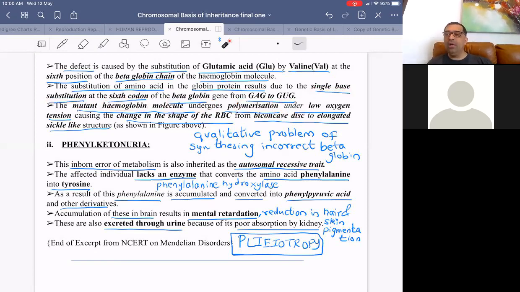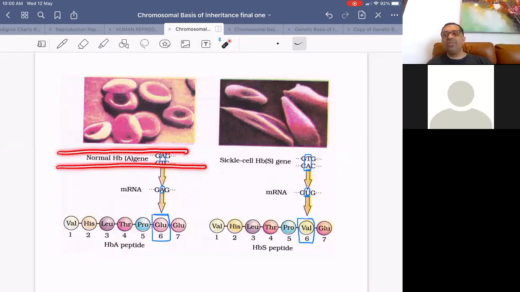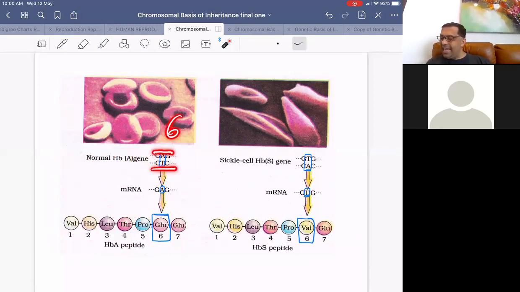So inside the beta globin chain, suppose this is the DNA, and this is the gene for making the beta globin chain. These are codogenes, and the sixth codogene, which one? The sixth codogene is GAG-CTC, of which CTC is the template.